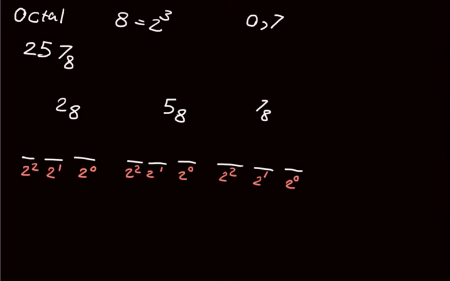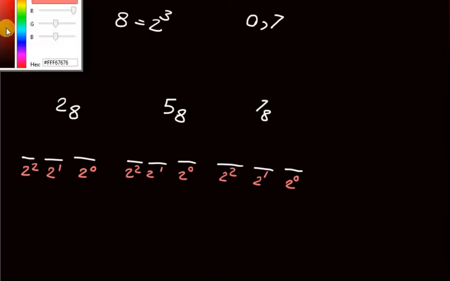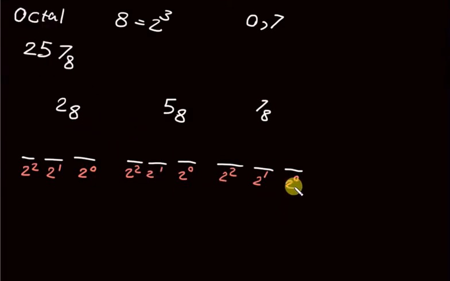I'm going to change my color again to blue, and here I'm going to put 2 to the power of 0 is 1, 2 to the power of 1 is 2, 2 to the power of 2 is 4.